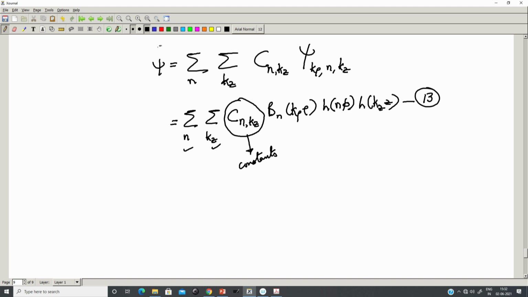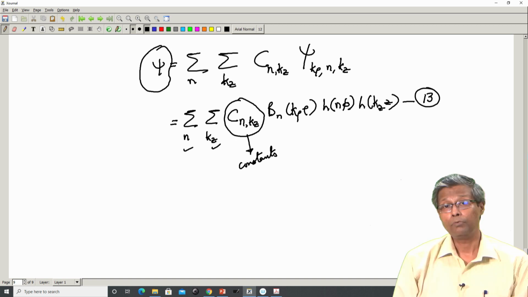This psi is going to satisfy the Helmholtz equation. So, let us stop here, we will continue from here.